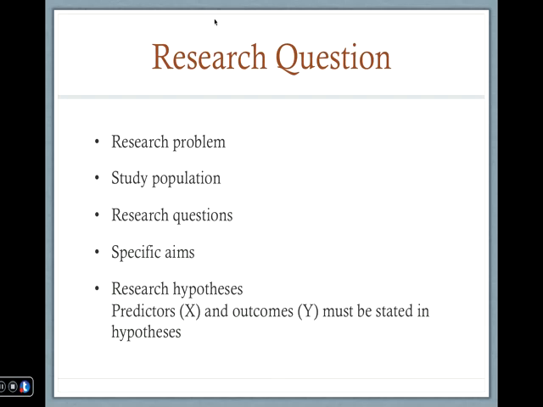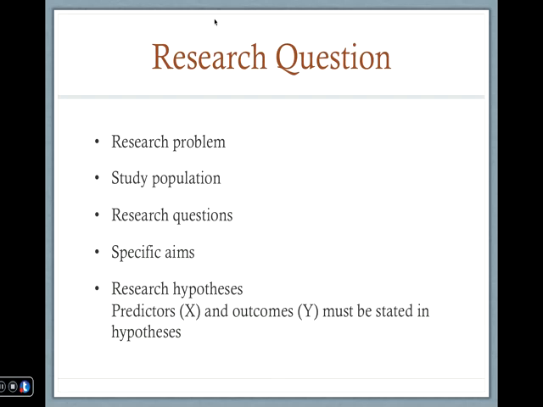So we choose a representative sample from that population, so we can intervene or test that sample in some way, shape, or form, and then turn around and make inferences to the population of interest.